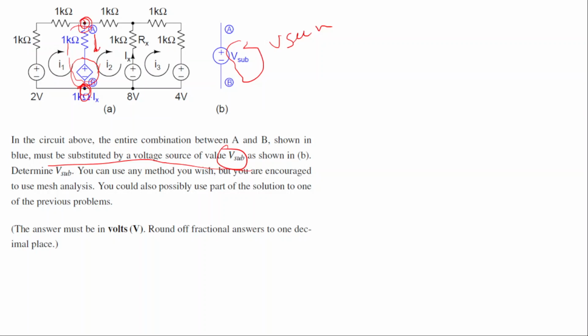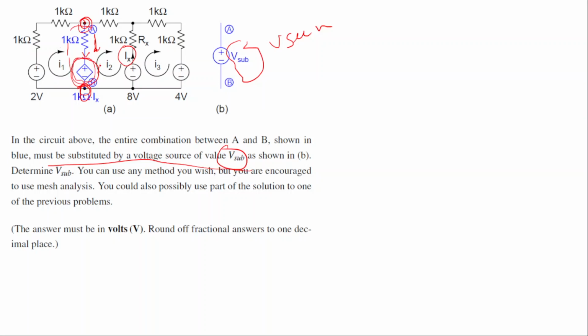The rest of the solution is the same. You just need to find the voltage between the nodes, because after solving the mesh you will know I1, I2, I3. So you will know the current in this branch, and if you know Ix, then you know the voltage of this dependent voltage source.